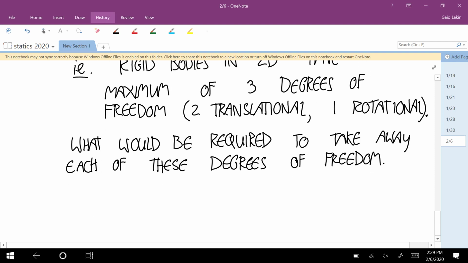First, this is the object's ability to translate along that first axis.